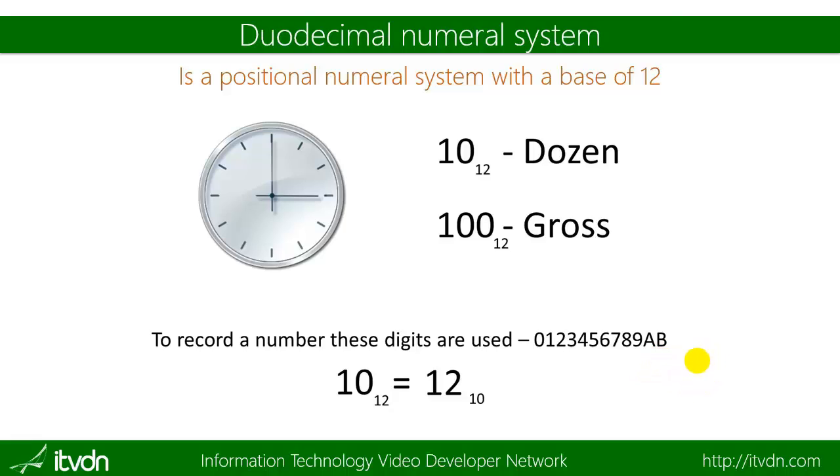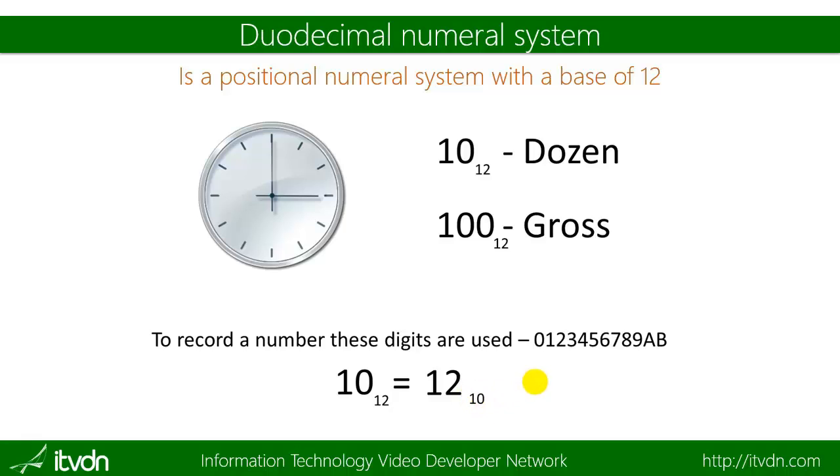It's a long story. Just to cut the story short, you see we have 1, 2, 3, 4, 5, 6, 7, 8, 9. After 9 you get A, B, then 10, then 11, 12, and so on and so forth. So basically 10 base 12 is equal to 12 base 10.